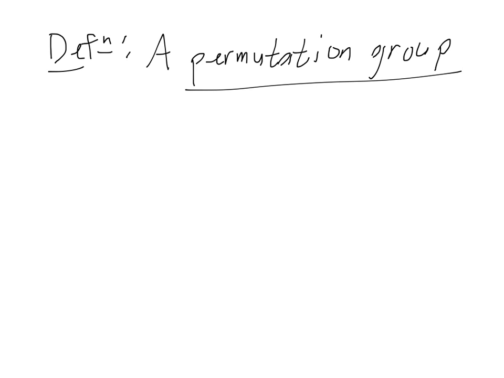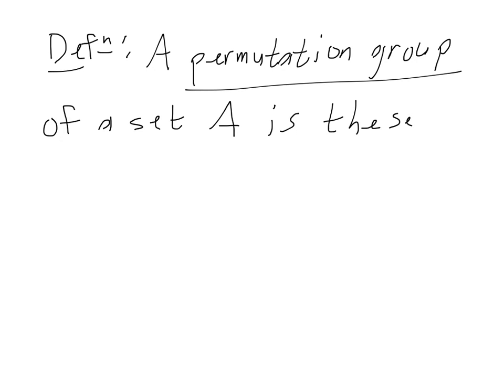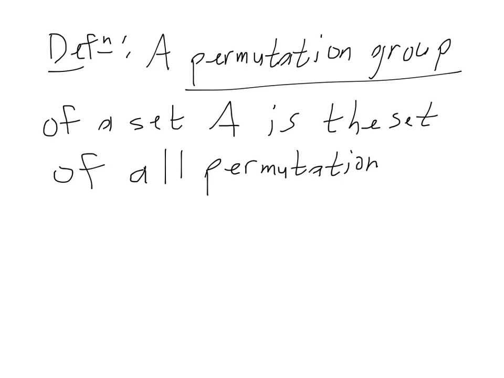So again, first we have to have an underlying set in mind, so of a set A. It's the set consisting of all permutations on A with the operation of function composition.